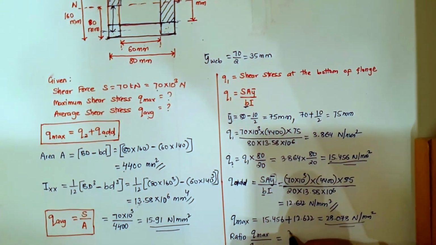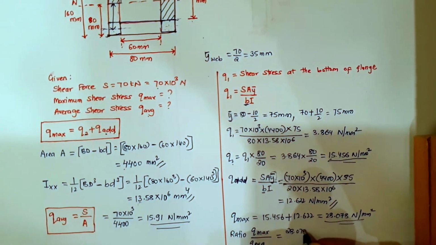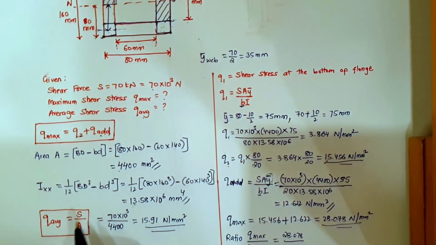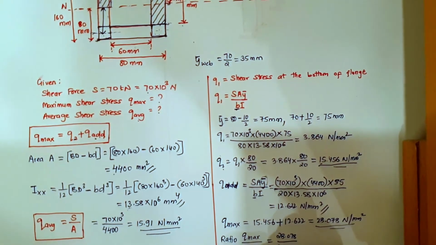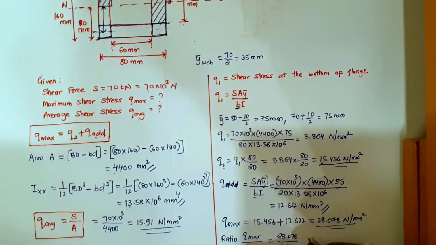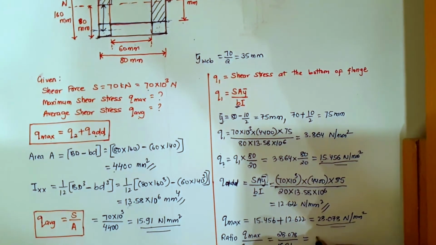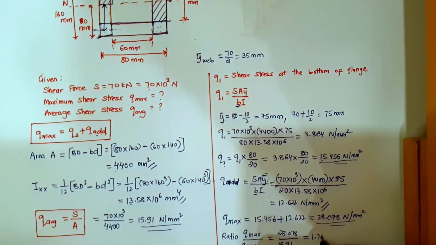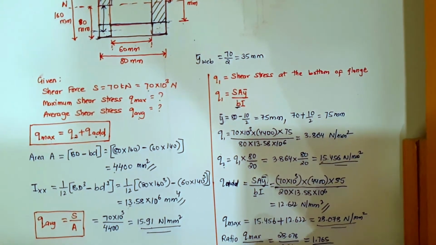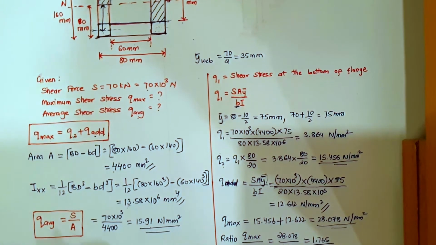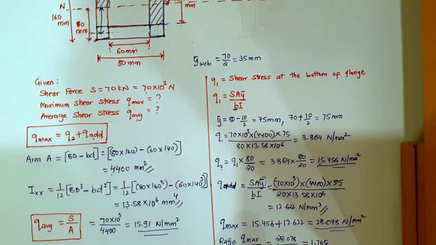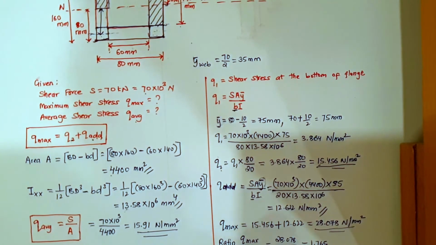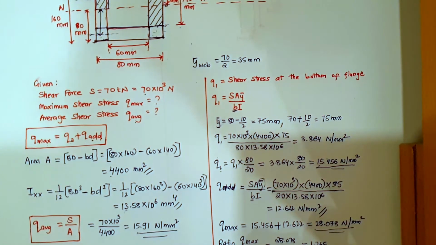So Q max you got 28.078 divided by Q average, how much did you get? 15.91. So from here you get the ratio equal to 1.765. Although this question has not asked to find the ratio, if in case you need to find the ratio also, then you can find it in this manner.